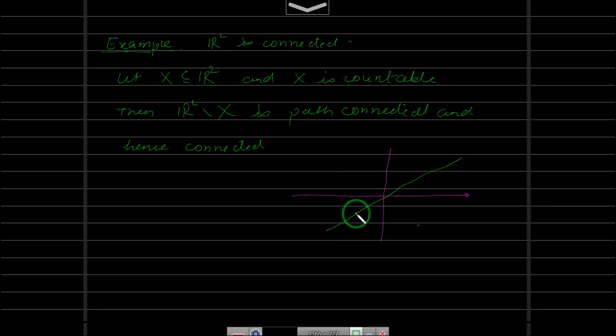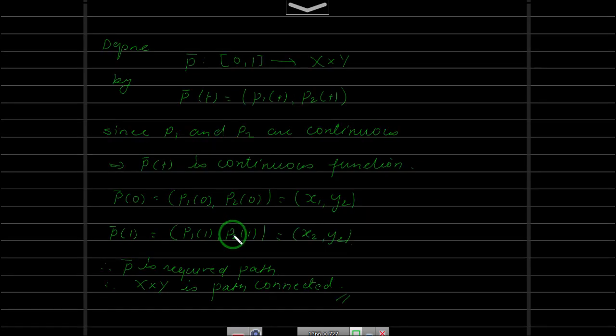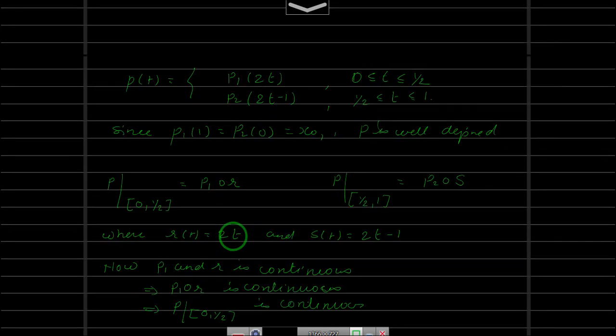So you take another point, a point which is not in the set, and you take a path from here to here and from here to here. By using the same example, we can say that R2 difference Q2, that is Q cross Q, is connected. Simple implication.